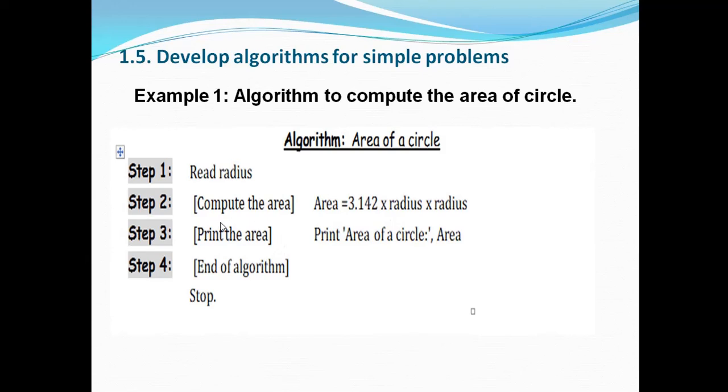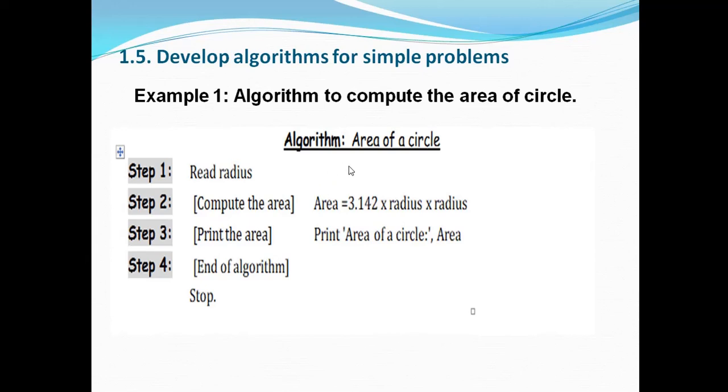This is another explanatory comment: print the area. This statement is going to print the area value of the circle. And the fourth step is the end of the algorithm. So stop represents the end of the algorithm.